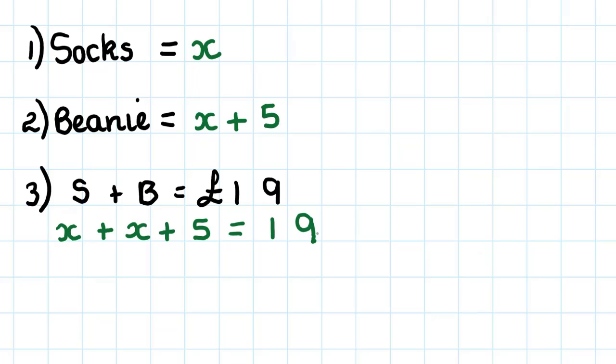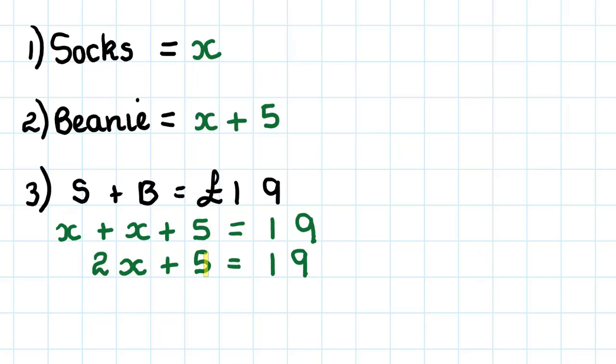Now we have to collect like terms. So we need to add up the x's first. So we have 2x, x plus x is 2x, plus 5 equals 19. Now we've got 2x, but we want to get rid of this 5.